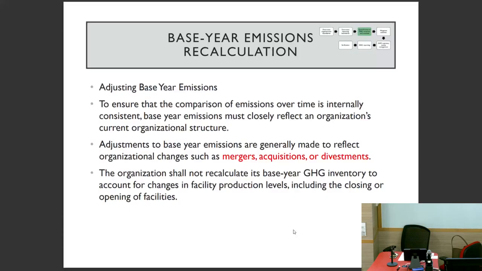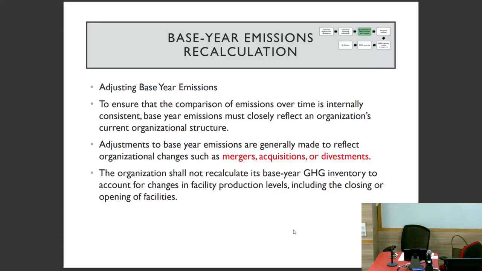So in this case, we will adjust the emissions of the base year. If in the report of 2020 I am adding the emissions from company B, then in the base year I should also add the emissions of company B to the base year emissions. This is the meaning, because we want to make a fair comparison, apple to apple.